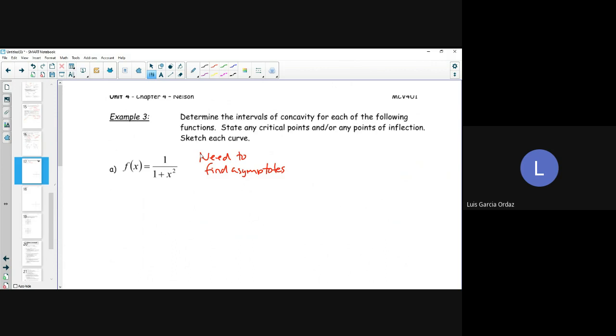So our vertical asymptote is none, because I cannot factor out my denominator, and I cannot have a negative square root. My horizontal asymptote is then just going to be y is equal to 0.